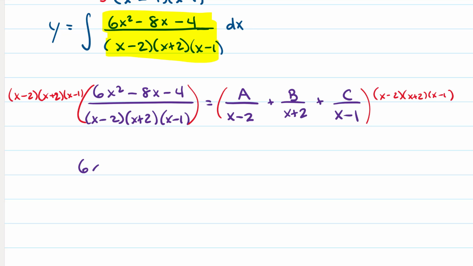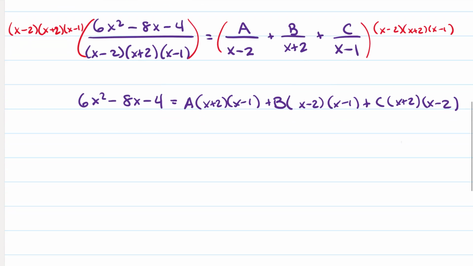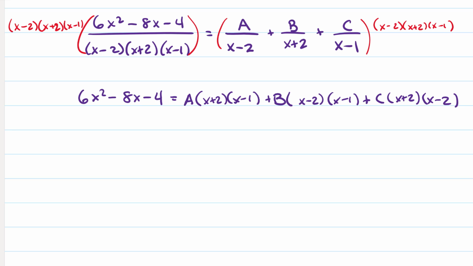So we get 6x squared minus 8x minus 4 is equal to A times x plus 2, x minus 1, plus B, x minus 2, x minus 1, plus C, x plus 2, x minus 2. And then the next step is to distribute everything.